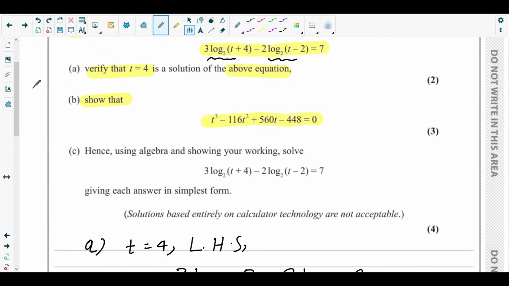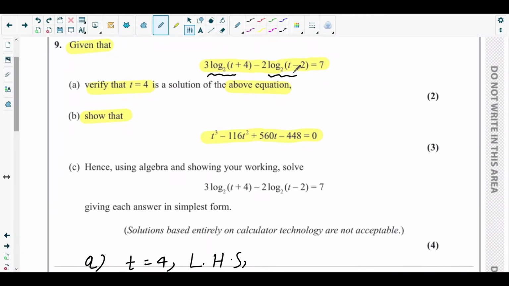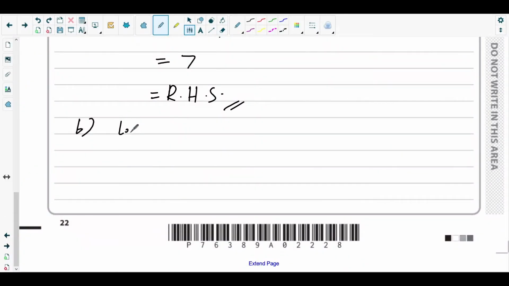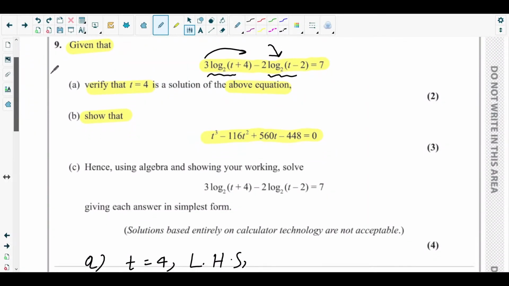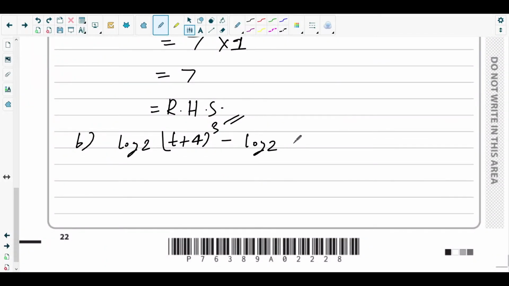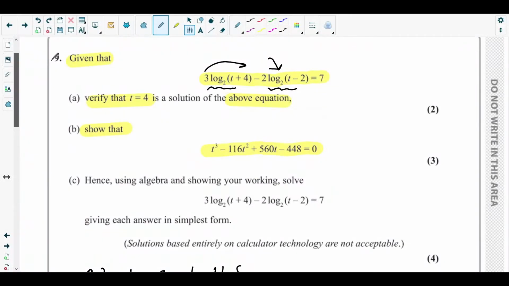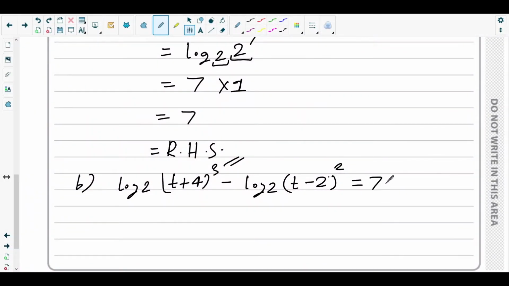Look at first, the base of the log is 2, and the second term is also a log with the same base. So take the coefficient to the power, so it can be written as log base 2 of (t plus 4) whole cubed, minus, same goes for the second term, take the coefficient to the power, so log base 2 of (t minus 2) whole squared, equals 7.